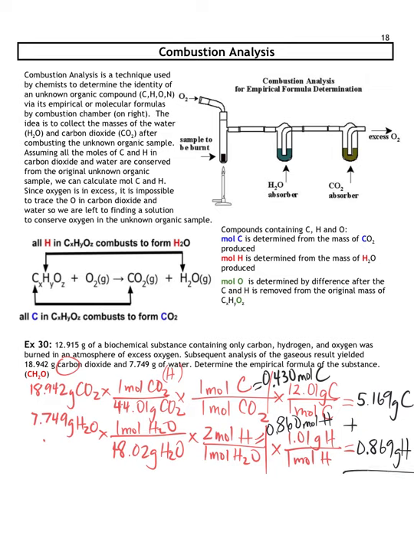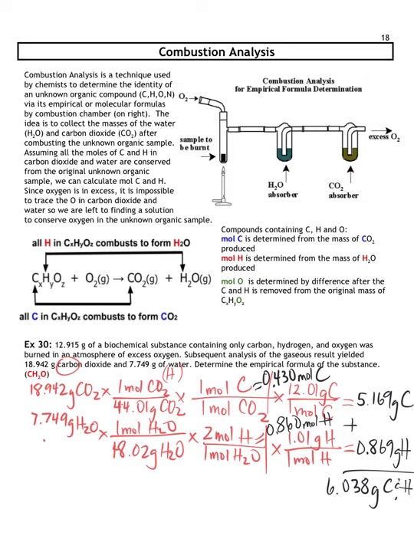Upon adding these 2 values together, I'm going to get the total mass from both carbon and hydrogen. So my total mass is 6.038 grams of both carbon and hydrogen. Now, what is the relevance of getting the mass of carbon and hydrogen?